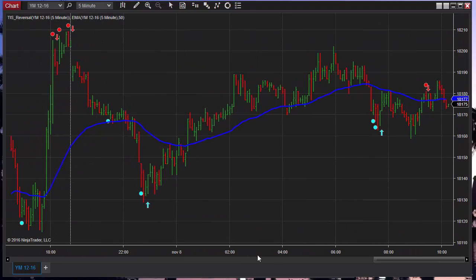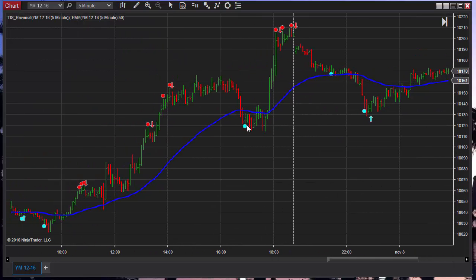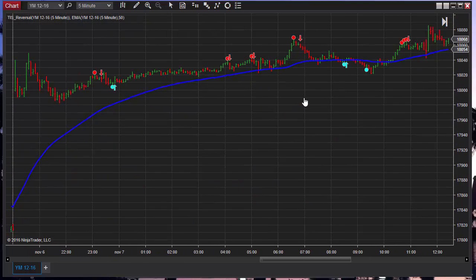Maybe on a slower time frame, like 5 minutes, then we may get something better. Like here, we can flag all the tops and bottoms, but we will need some kind of filtering.